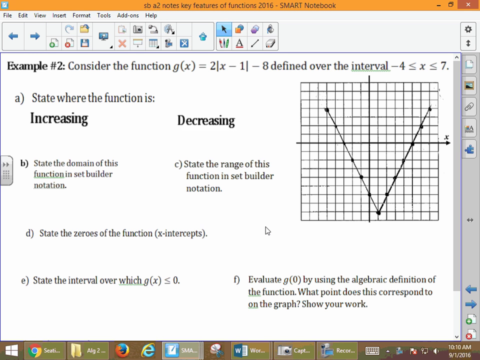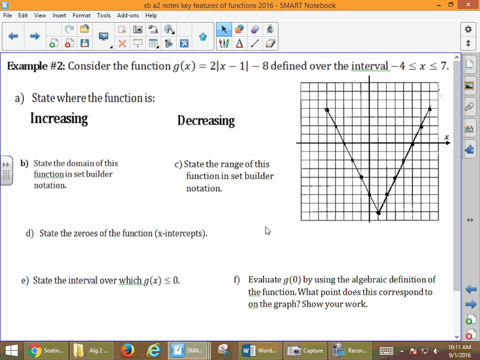When we take a look at this graph, if we were actually drawing it, I put my points in, and then I took my pencil and went down along these points, got to the very bottom point, and then went up with these points.